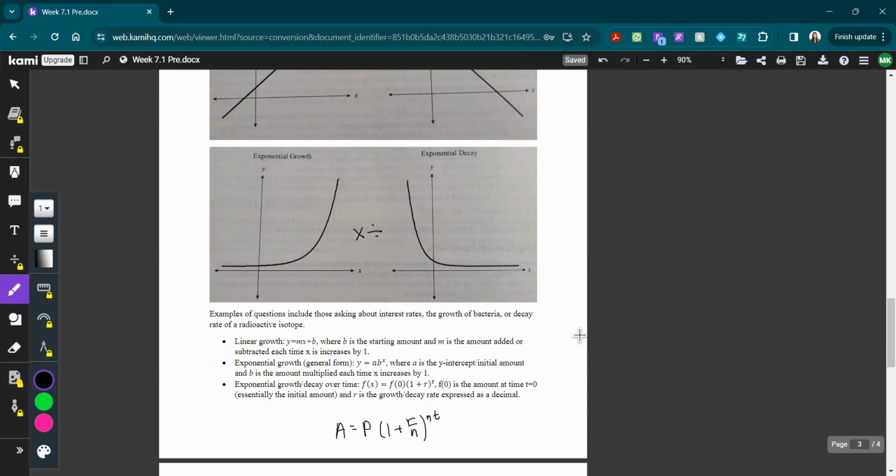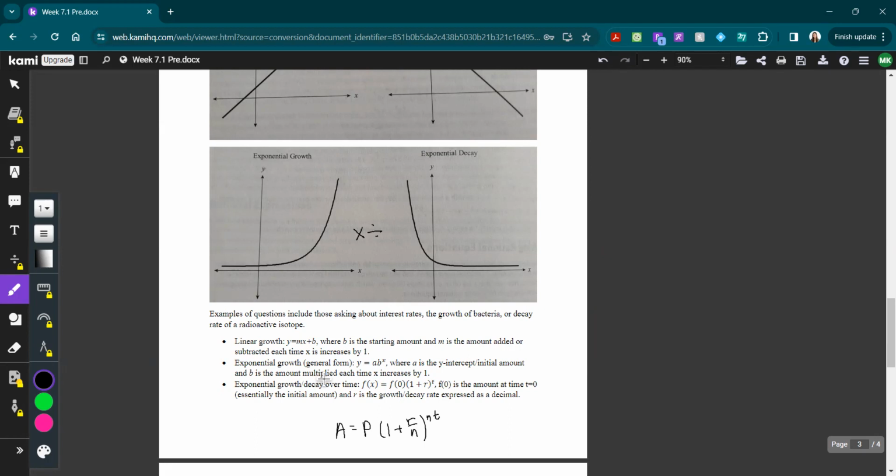For bacteria, decay rate, population, it's this as well as this, depending on the situation. But as you can see, A here is the y-intercept or the initial amount, and B is the amount that it's multiplied or technically divided, depending on what the ratio is. Again, more than 1, it's technically multiplying, getting bigger.